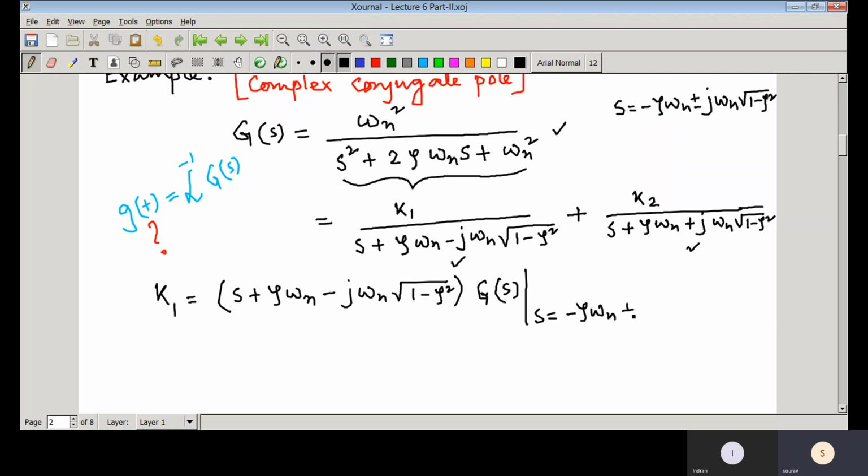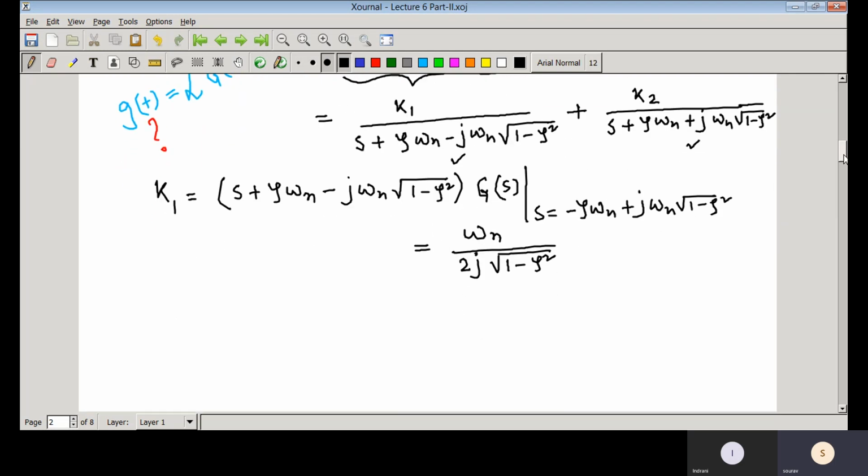This is one of the pole locations, minus zeta omega n plus j omega n square root of 1 minus zeta square. So now if you solve this, then you will get K1 equal to omega n by 2j square root of 1 minus zeta square. So this is that first coefficient.